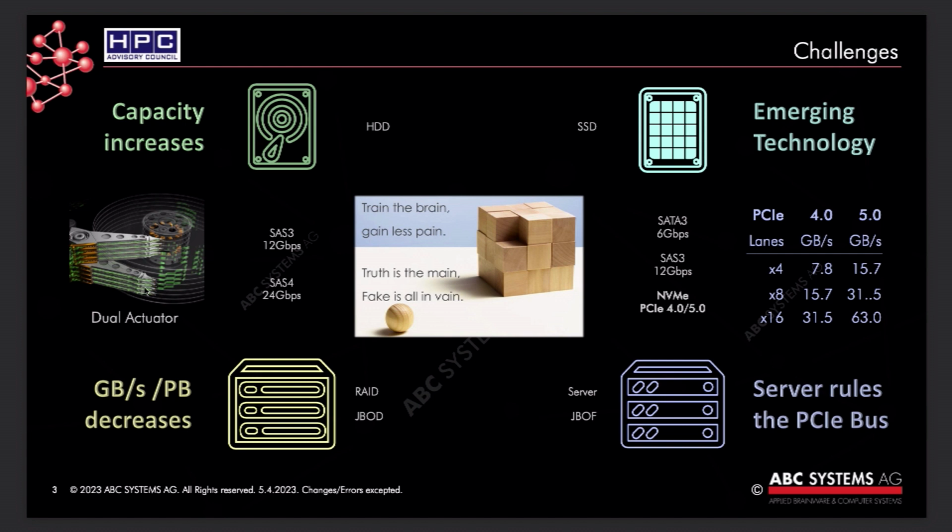From Seagate and Western Digital, we have dual actuator disk drives available, which means double performance. However, with those dual actuators, you have to sacrifice one SAS port, and you also need double the power. So it's restricted where you can use it.